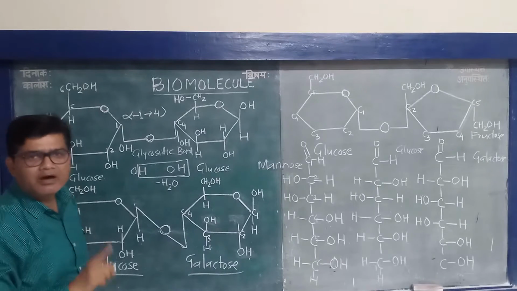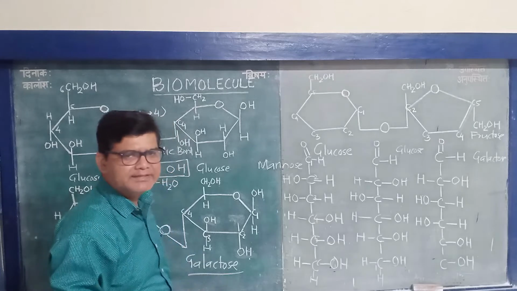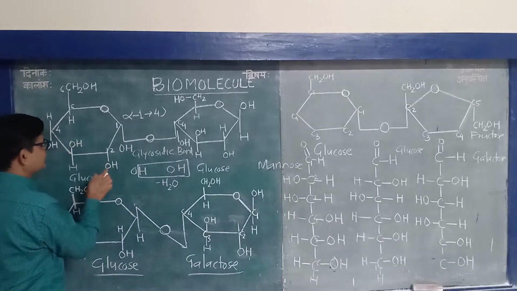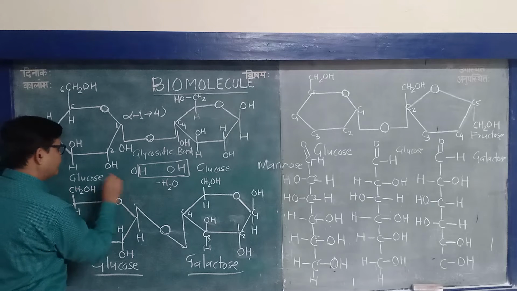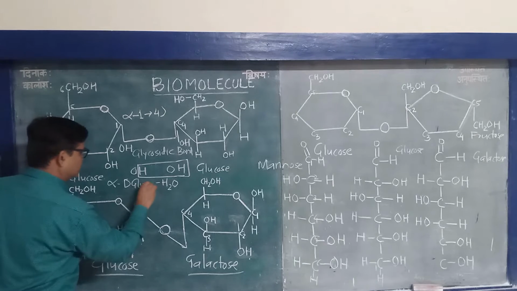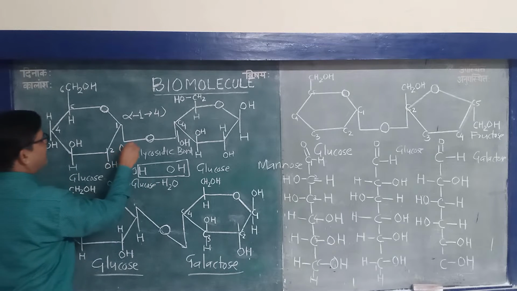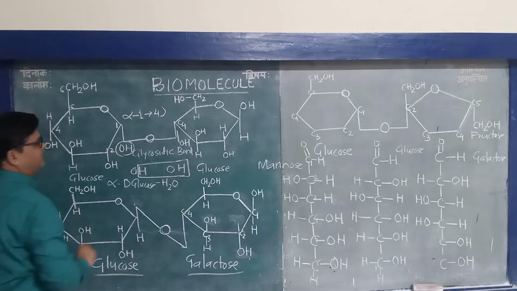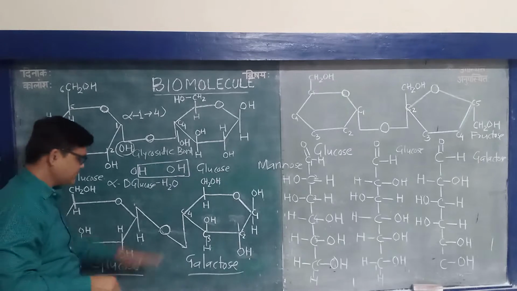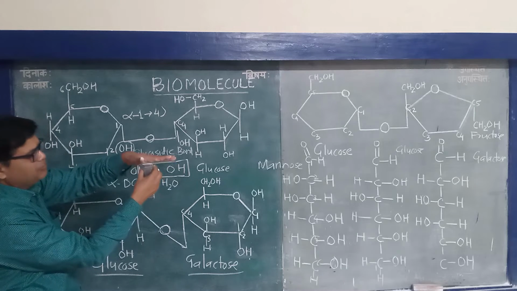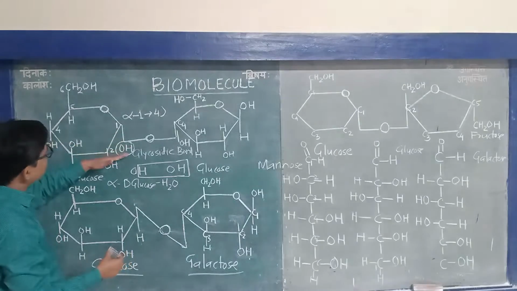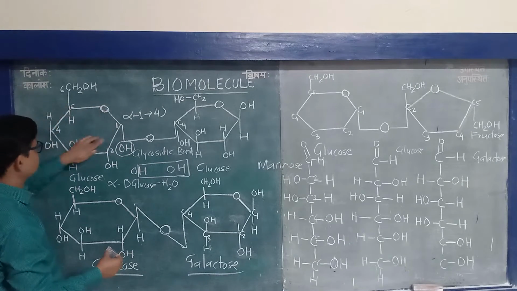What do you mean by alpha 1,4 linkage? It means this glucose is in the alpha form, alpha D glucose. It means the hydroxy group is present below the plane. Suppose this is the plane, so at the hanging position, if you say this is the hydroxy group, it is present below the plane of this ring structure.